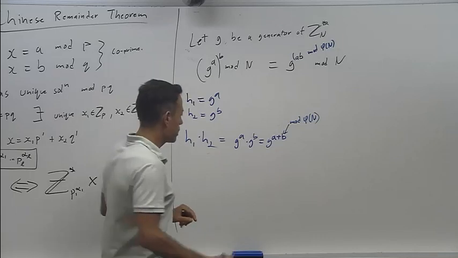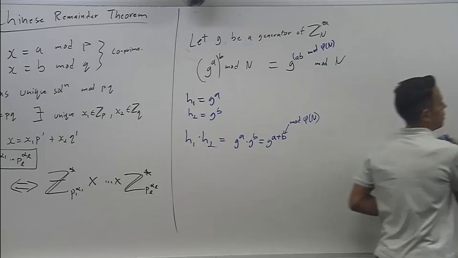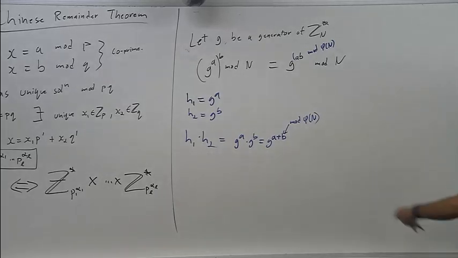This suggests that there is an isomorphism. Sort of like what Chinese remainder theorem told us about working with Zn.